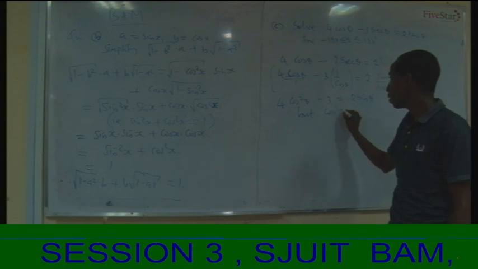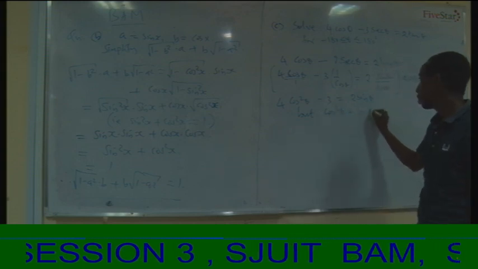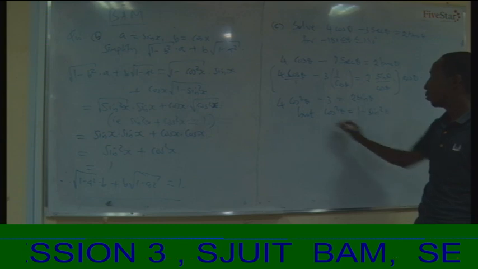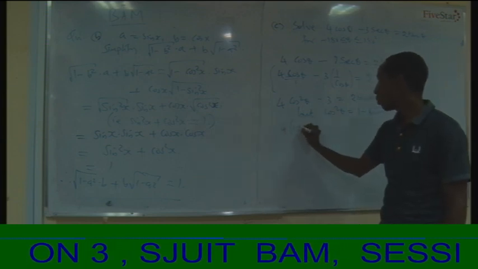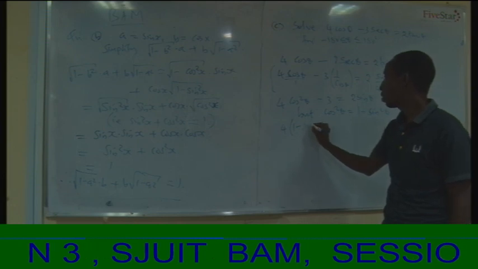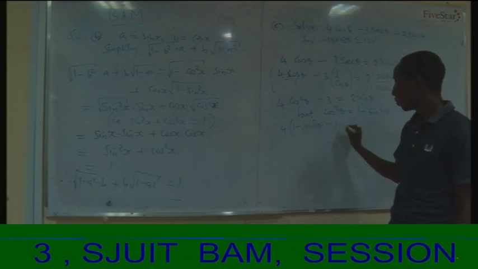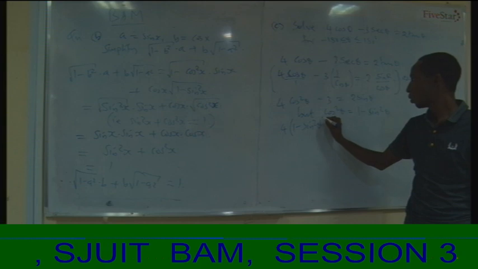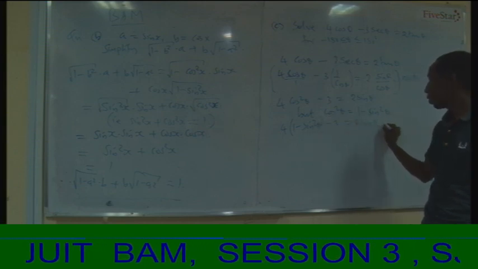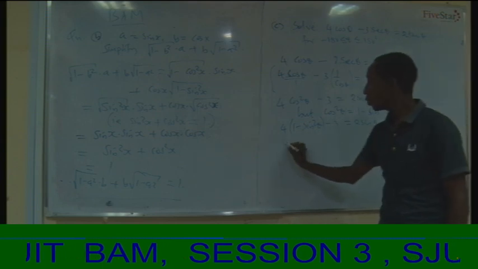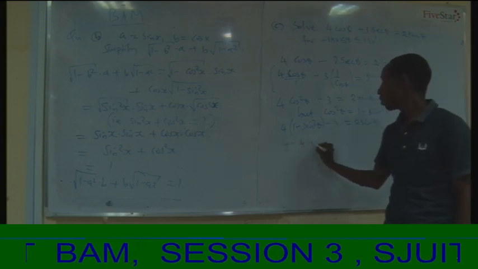But cos squared theta is nothing but 1 minus sine squared theta. You can just make this substitution. So this is 4 into 1 minus sine squared theta, minus 3, equals 2 sine of an angle theta. Then opening the bracket, we'll have 4 minus 4 sine squared theta.